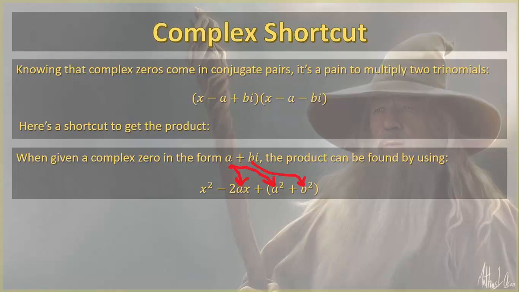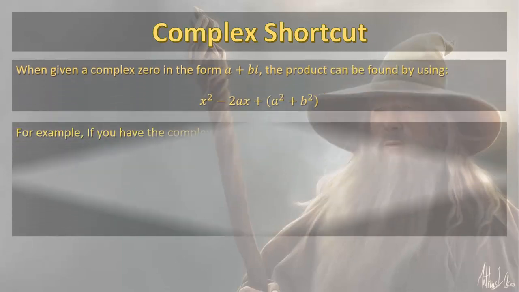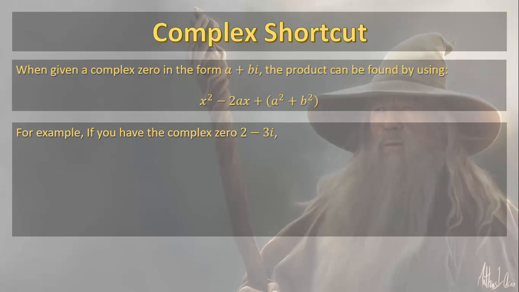So let's see it in action. All right, let's say I have the complex 0, 2 minus 3i. Okay, in this case, my a is 2, my b is negative 3. So I plug it into this formula. By the way, negative 3 when you square it is positive anyways.